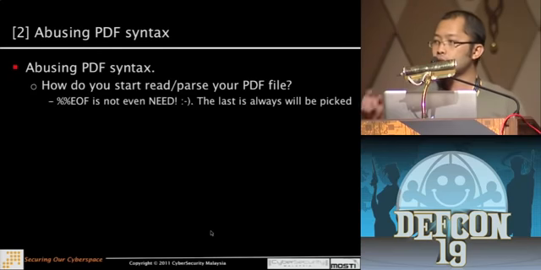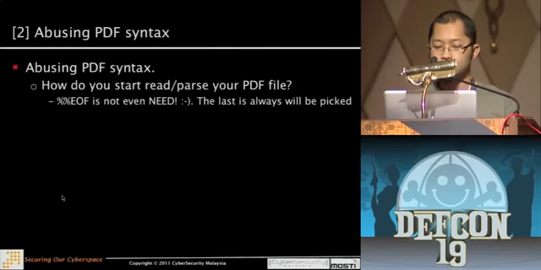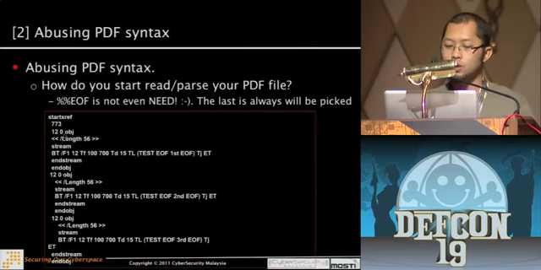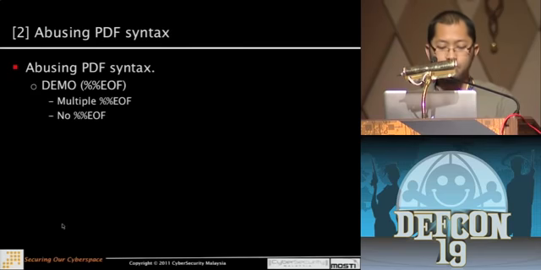So for the last declaration, for example on this one, the last object 12 is always going to be the one picked up by your PDF application. So like I said, there are multiple declarations for object 12, and the last object 12 will always be the one used by a PDF reader. So for example, the demo.